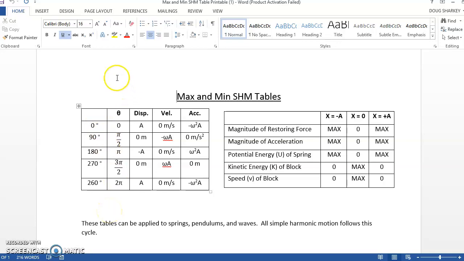We talked about how a spring oscillating back and forth is just like something going in a big circle. So here are all of your different positions. Your displacement is either going to be a maximum or a minimum. Your velocity will either be a maximum or a minimum. And so these tables are just trying to help you summarize all of that stuff.